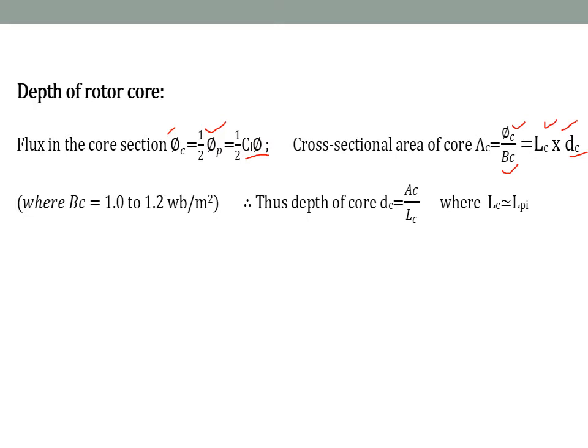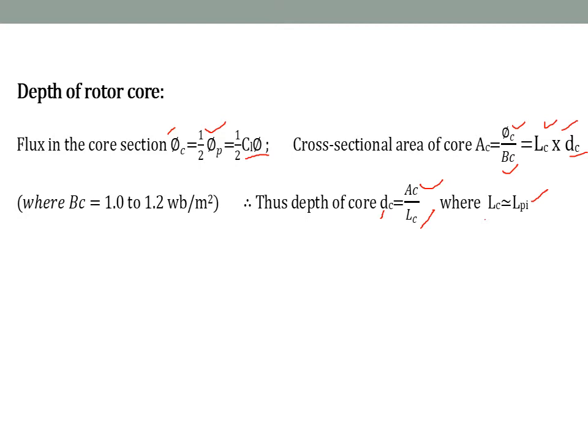So now DC is equal to AC by LC. See this AC you have found out using this one. Here LC is approximately equal to LPI, net iron length of the pole.